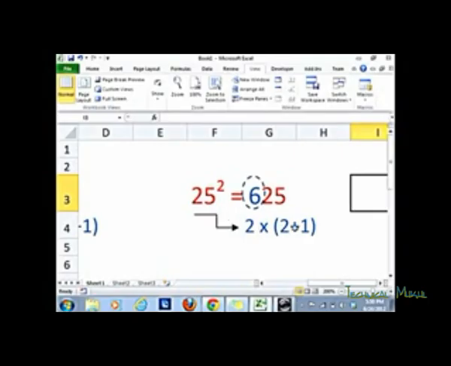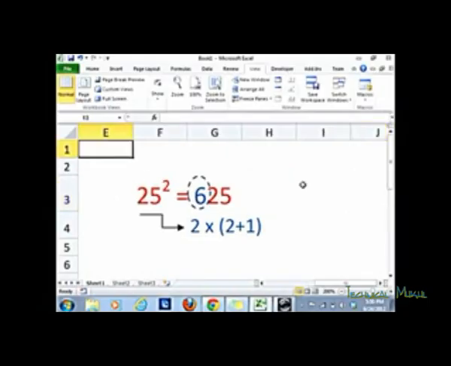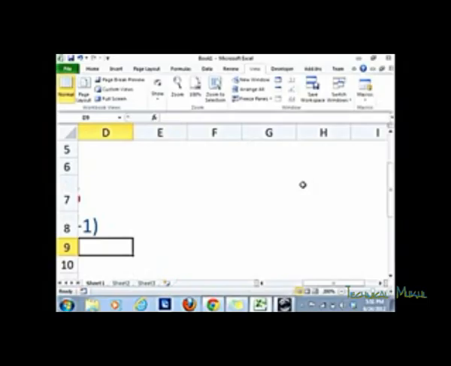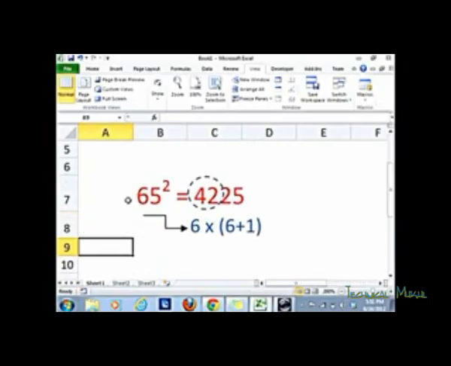So 2 multiplied by its increment 3, and I get 6, so it's 625. If I have bigger numbers like 65, then I can use the same technique. So 65 square will be 6 multiplied by its increment, which is 7. So 6 times 7 is 42. So I'll say 4225.